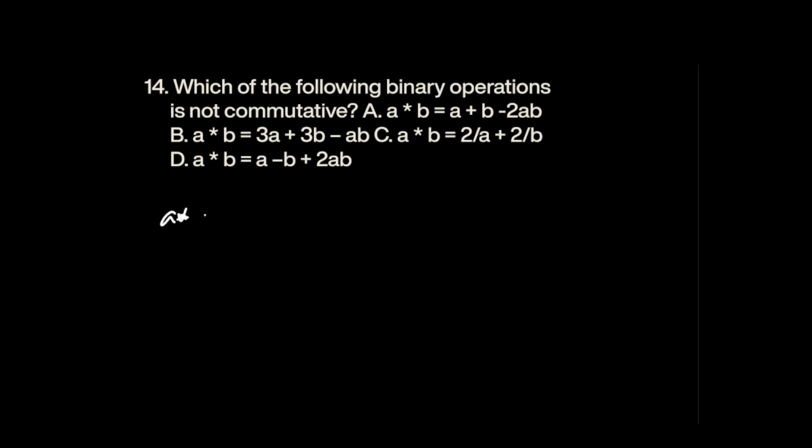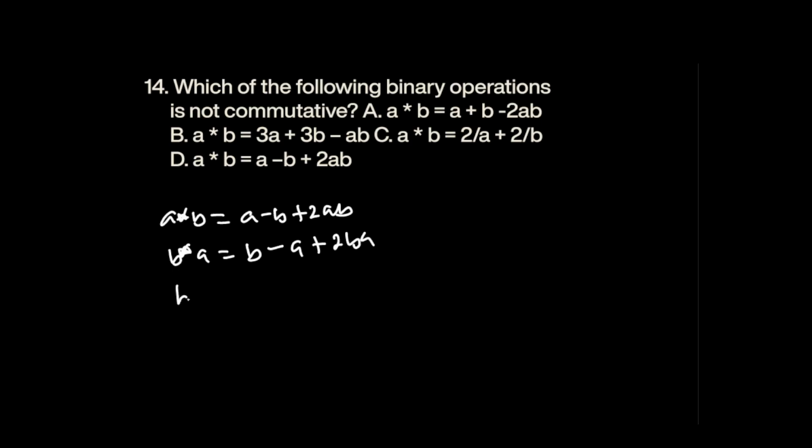The last one, which is option D, says A operation B equal A minus B plus 2AB. And B operation A will become B minus A plus 2BA. Is there a way we can rearrange this? Yes, we can rearrange it to make A come first.